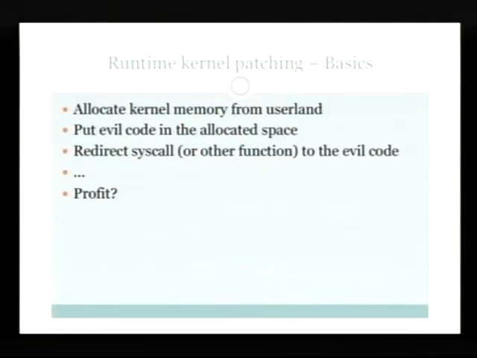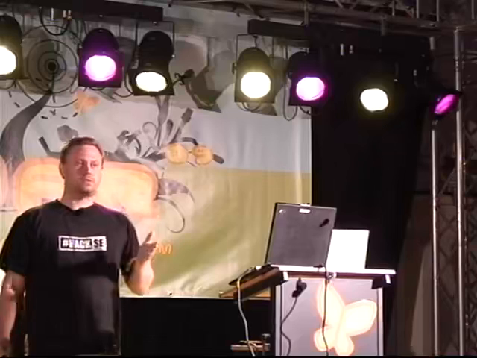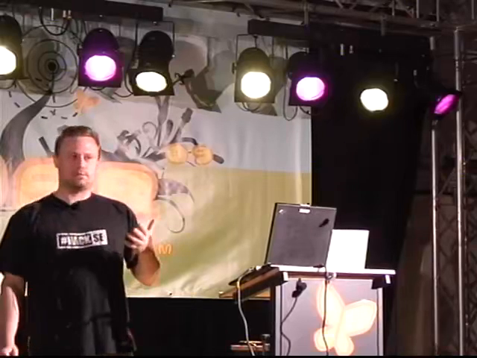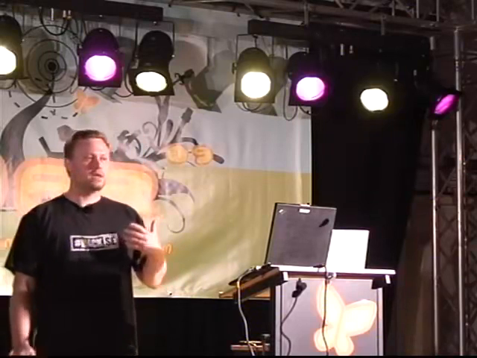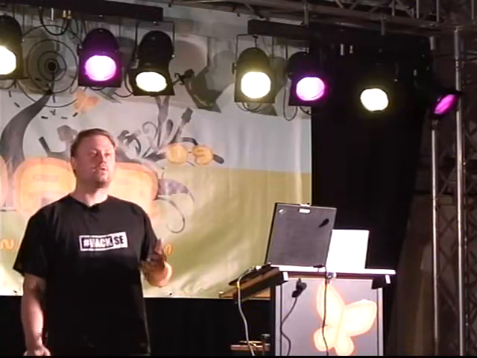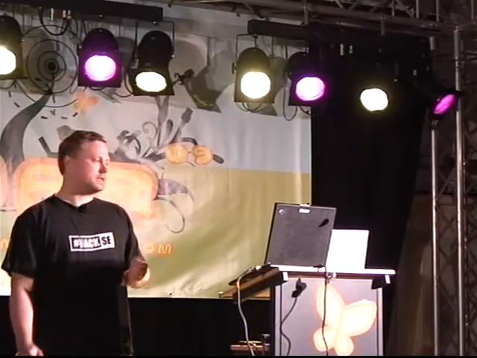In order to do this, we have to introduce our own code into kernel space. So the first thing we have to do is allocate memory in the kernel. This is somewhat of a tricky part in most operating systems, especially in Linux, for instance. It's very tricky to allocate kernel space.